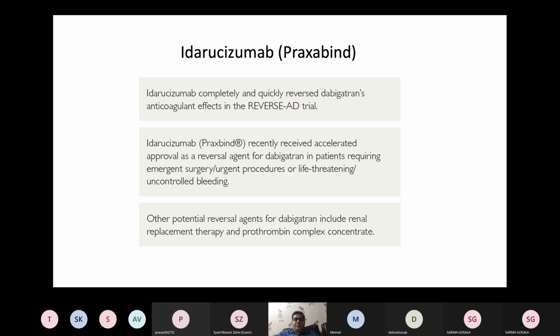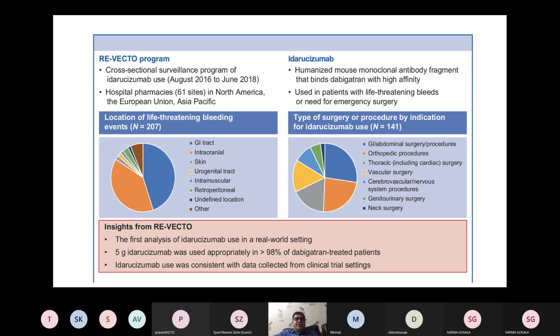It has been available since 2015 and approved by 2017, and various centers in the country and in the world have used this with good effect. If you look at the REVECTOR program, where they did a cross-sectional surveillance of this drug's use for various indications, either location of life-threatening bleeding events like GI tract, intracranial, skin, urogenital tract, or type of surgeries or procedures, it has been quite extensive.